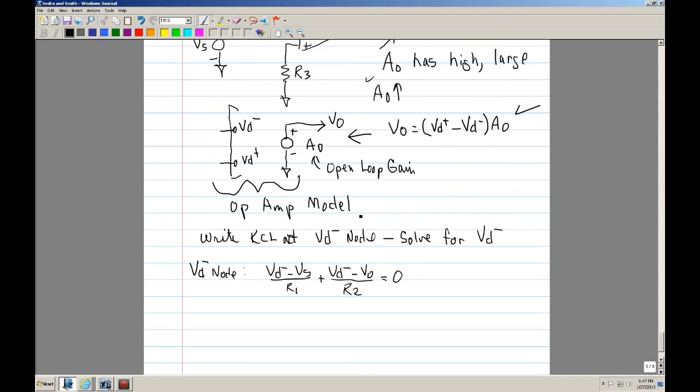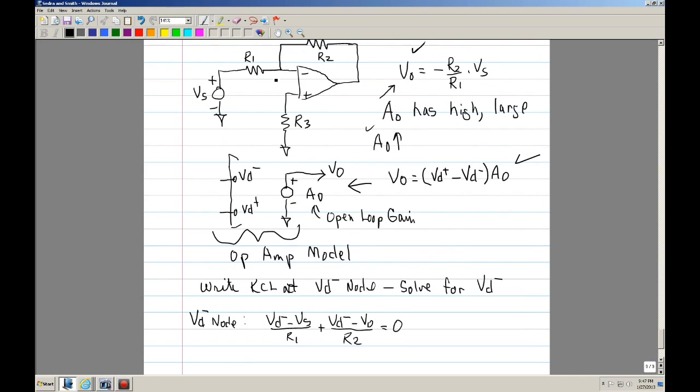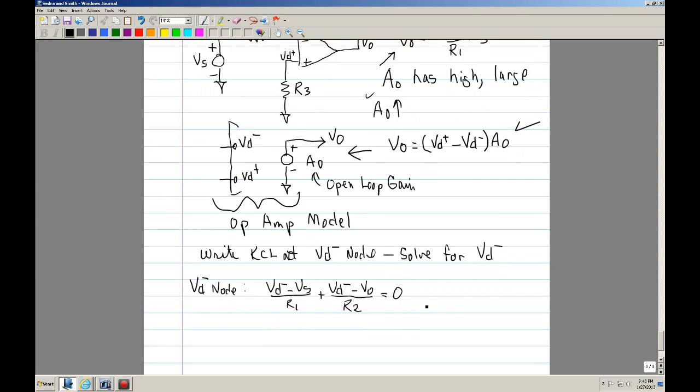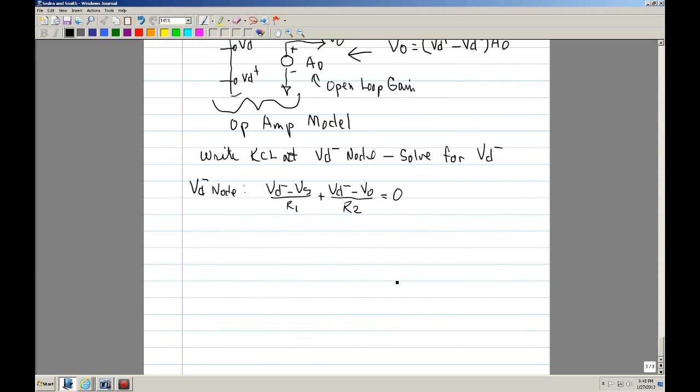If you don't follow that, it's this node, and VD minus is the voltage at that node, at least that's what I'm calling it.